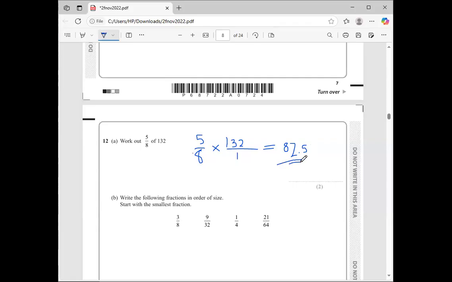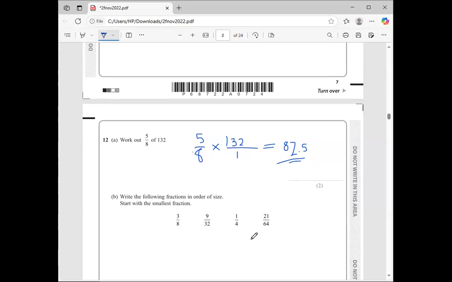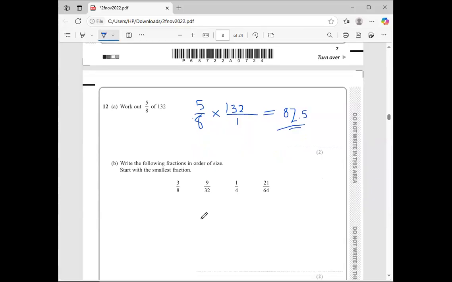The next one says, write the following fractions in order of size, starting with the smallest one. Now, if you were to find the smallest one, which one do you think would be the smallest? Let's not even look at it on face value. Let's work at getting all of them to be what? 64.